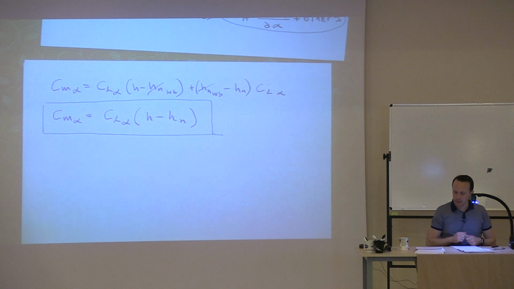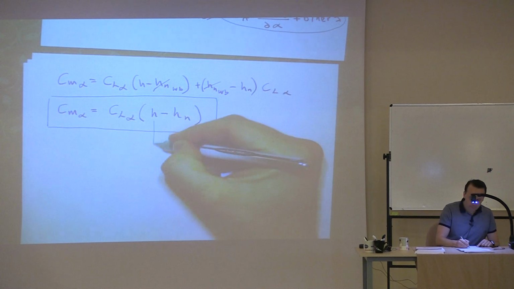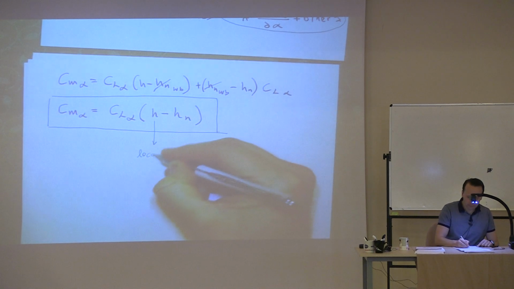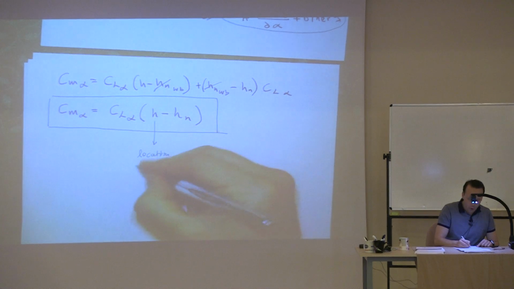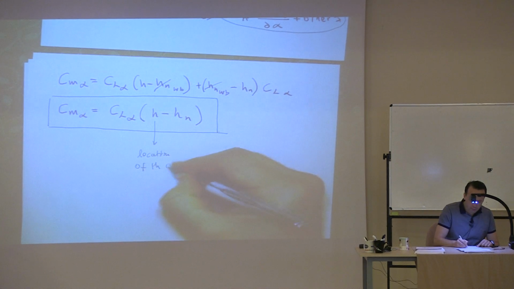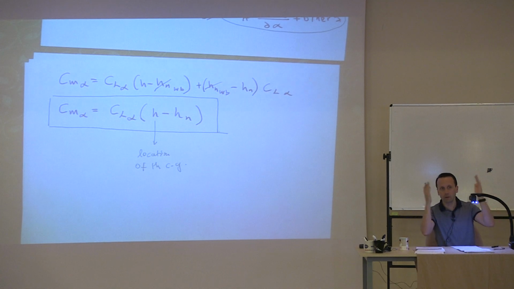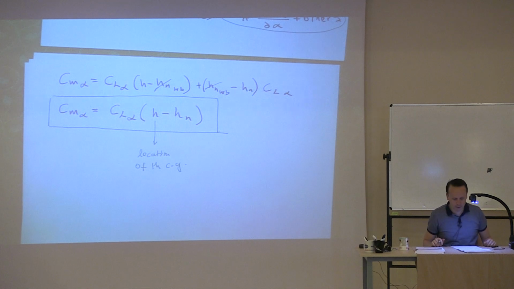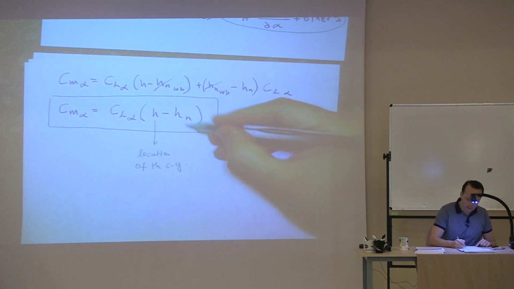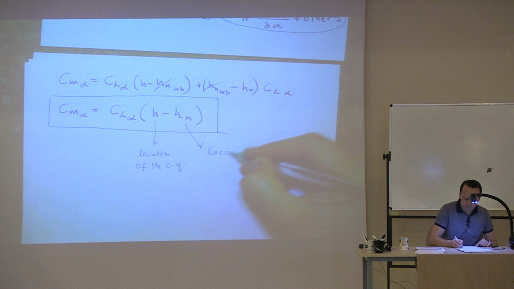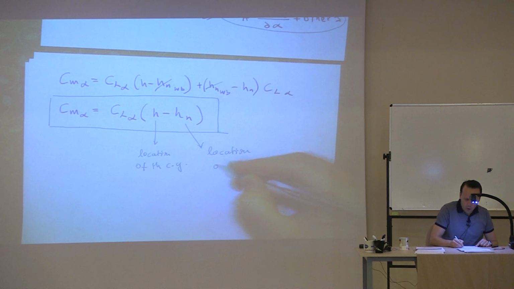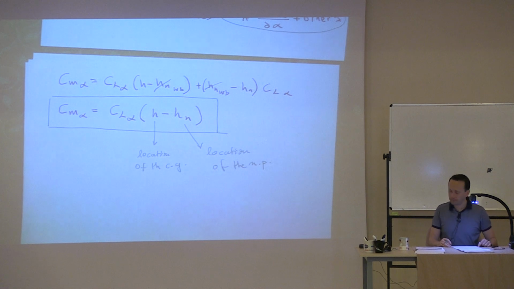Okay? Now, H is the location of the Cg. Remember? It represents the location of the Cg as a distance from the chord line or some reference line. Hn is the location of the neutral point, right?